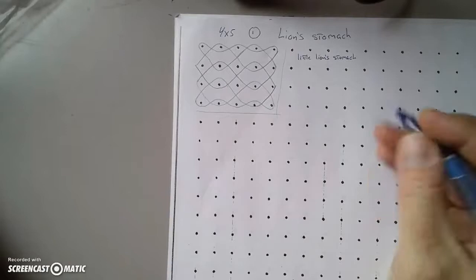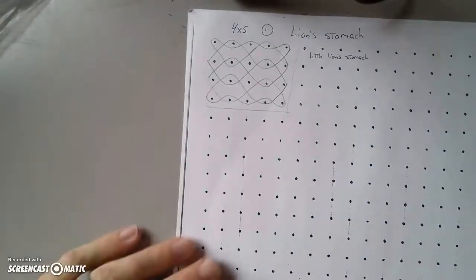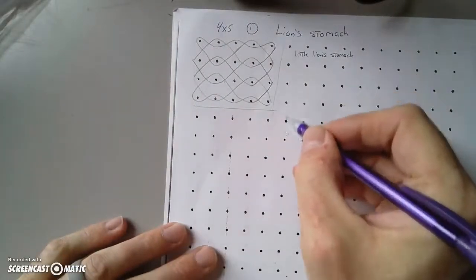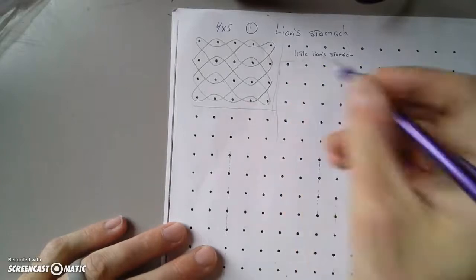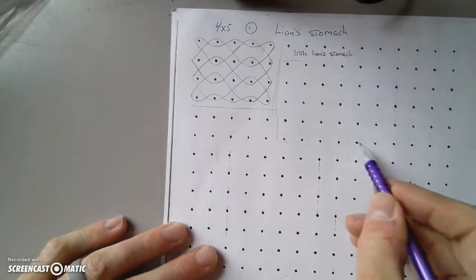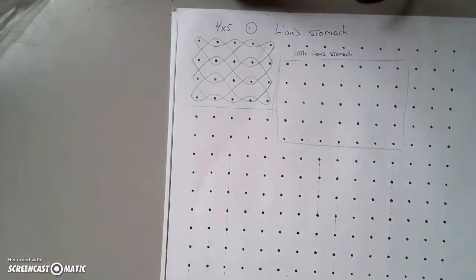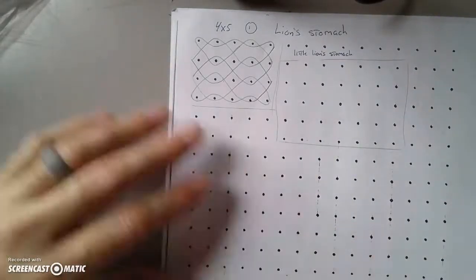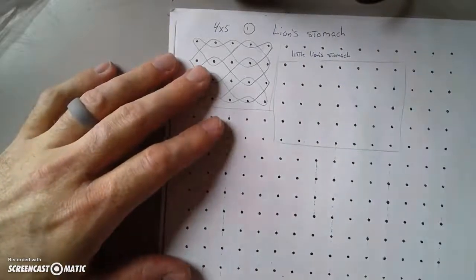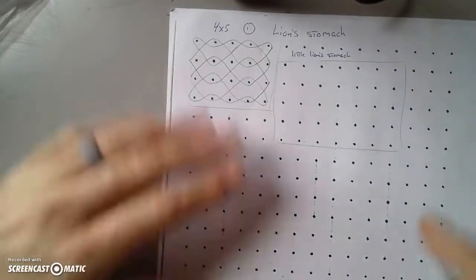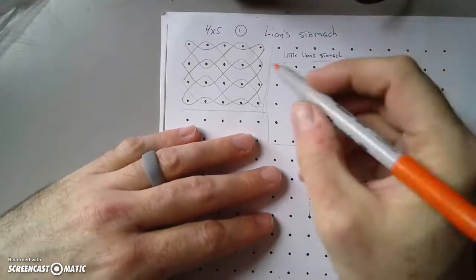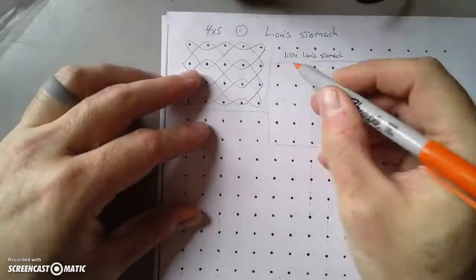Let's do another one. Let's do a 5 by 7. So 1, 2, 3, 4, 5, and then 1, 2, 3, 4, 5, 6, 7. Here's a 5 by 7. I'll use some different colors because we're going to have some different curves. We can start this way or we can start up.